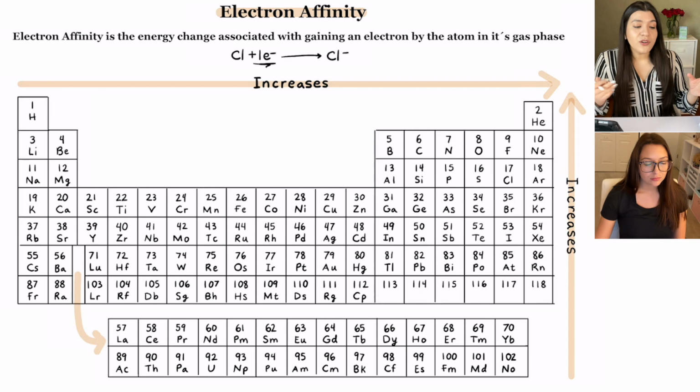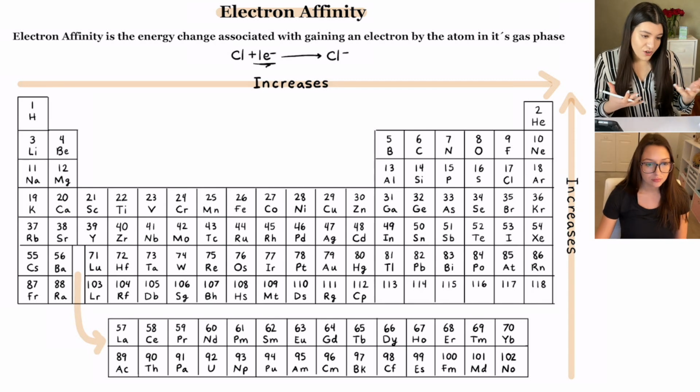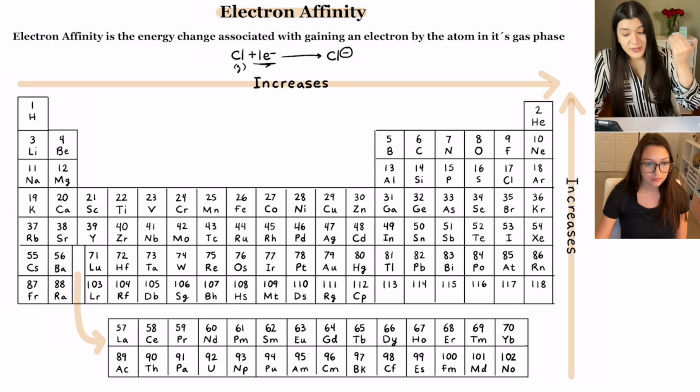And we're no longer forming a cation, or positive charge, we're forming an anion, or negative charge. So in this case, we're going from an atom, like chlorine in its gas state, adding an electron, and then that becomes an anion. So that's the concept of electron affinity.